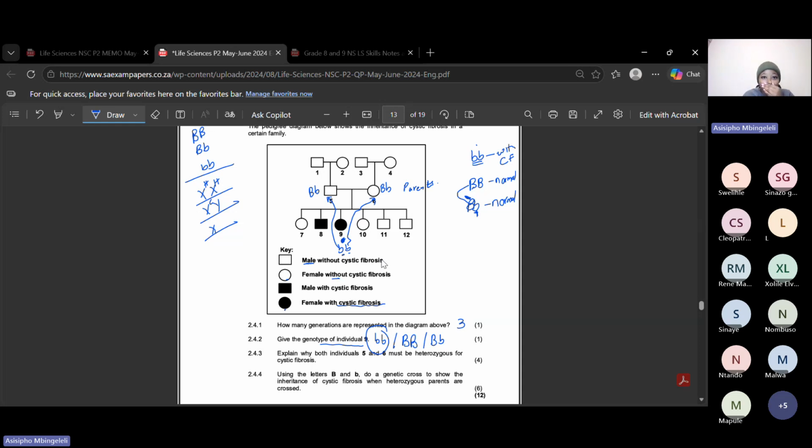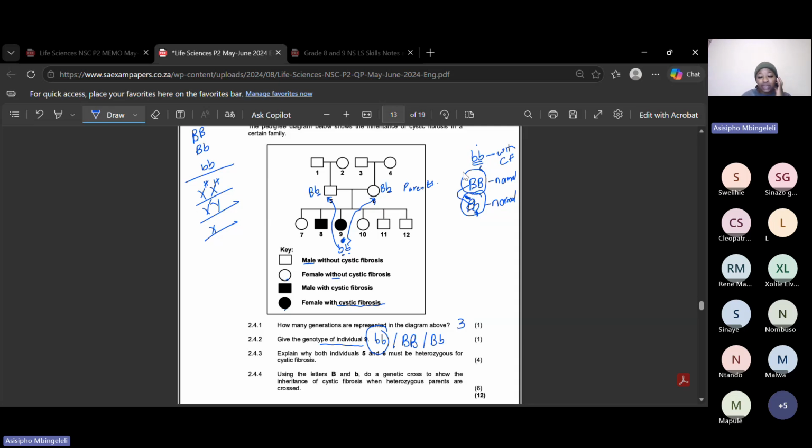So what do we know about these parents? They have a recessive allele, but based on the key, they are actually normal. So what is it telling us? They are heterozygous normal, because they cannot be homozygous normal, because if they were homozygous normal, they would have capital letter B, capital letter B. But now they are normal, they are carrying that allele that got passed on to certain offspring. Very important.